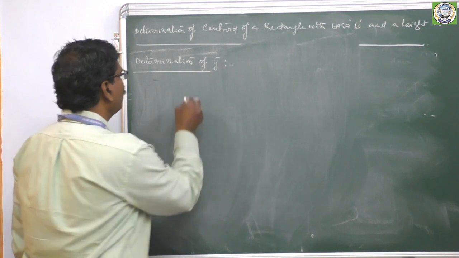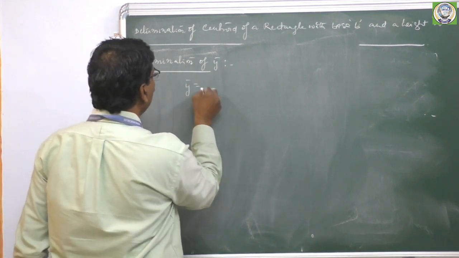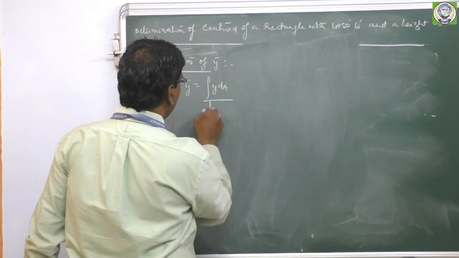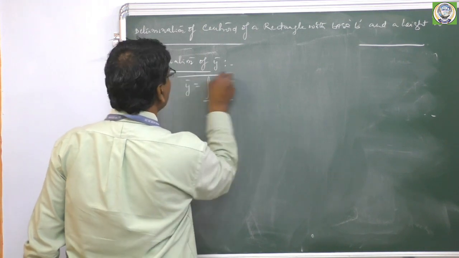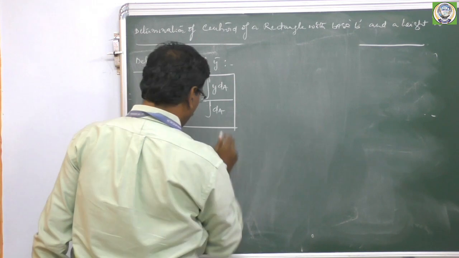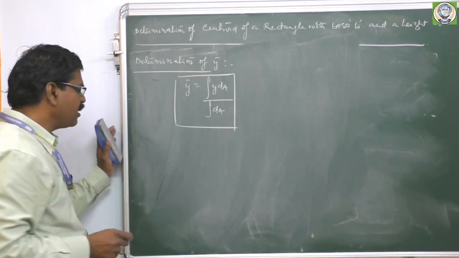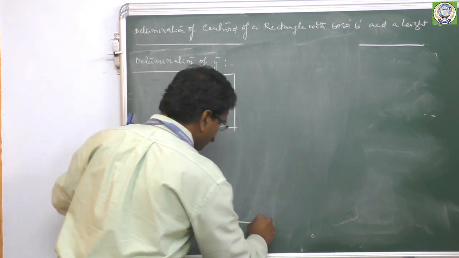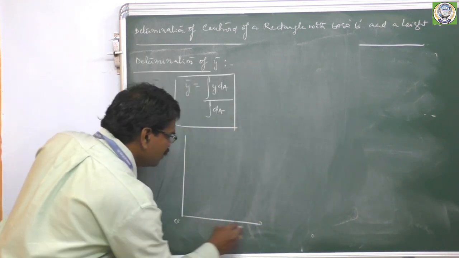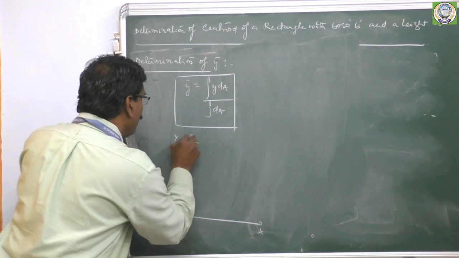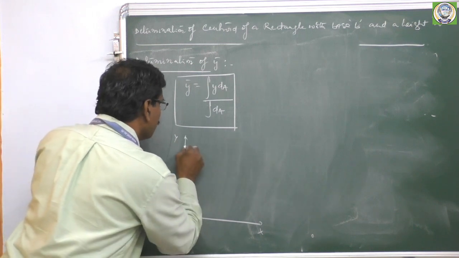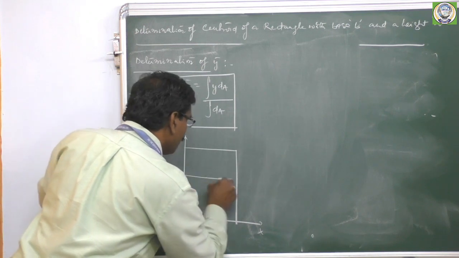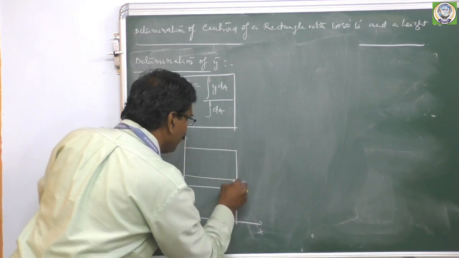To find y bar, we have a specific formula that y bar is equal to integral y dA divided by integral dA. And to perform this, we need to draw a diagram. Let it be like this. Origin, x-axis, y-axis. Draw a rectangle like this. In that there will be one portion or small elemental area.